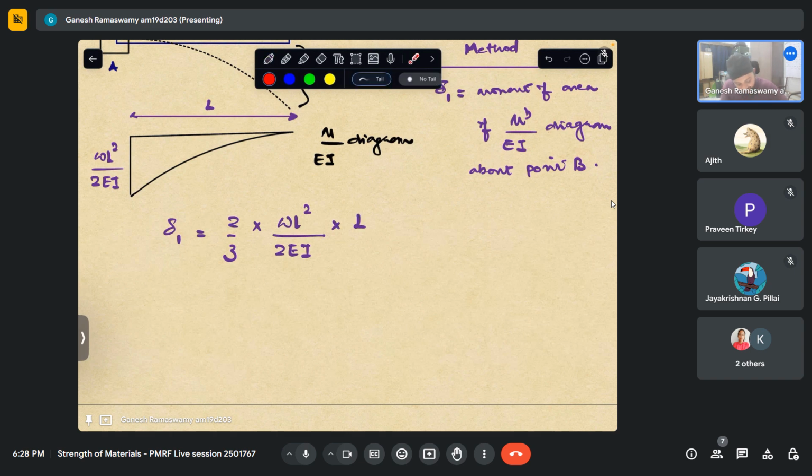The centroid of this will be somewhere over here, and this distance you can actually look up. It will be 3/4 of the length. So this will be into 3 by 4 into L.